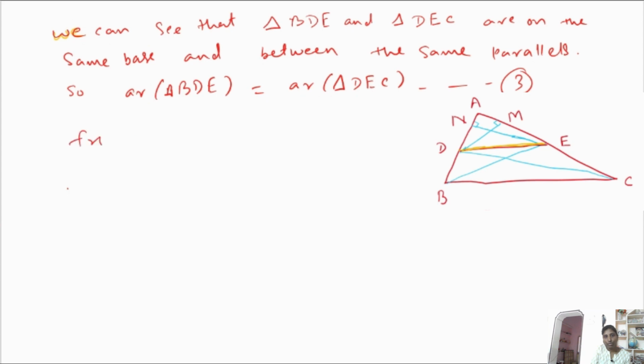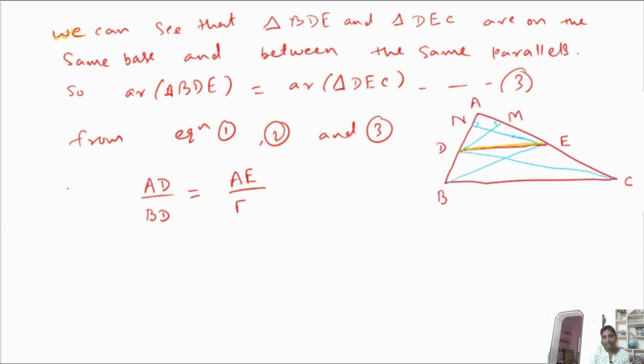Now from equations 1, 2 and 3, we can say that the left hand sides are equal, so the right hand sides will also be equal. Therefore we can write that AD by BD is equal to AE by EC. So hence proved.